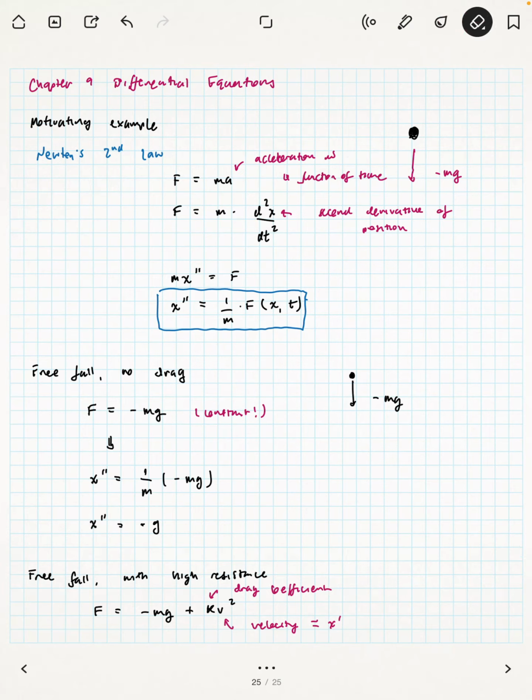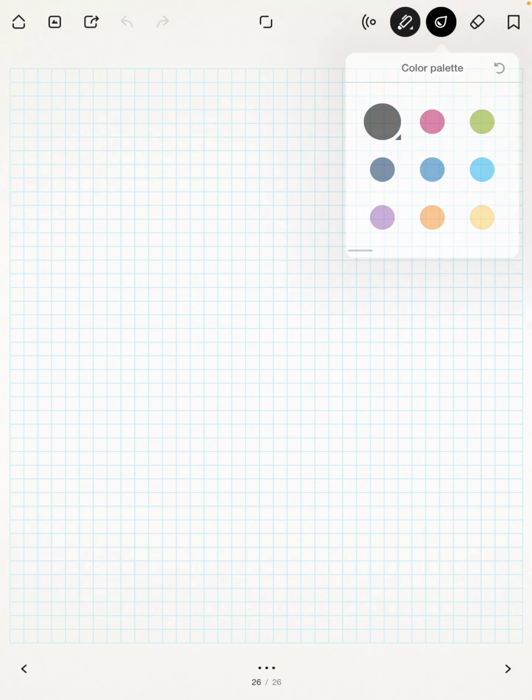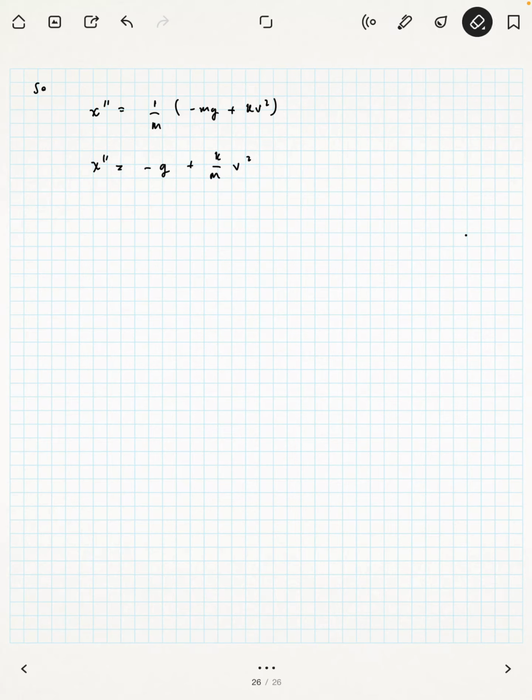In other words, what this differential equation becomes is x double prime equals 1 over m times negative mg plus kv squared. So it's going to be negative g plus k over m, v squared.